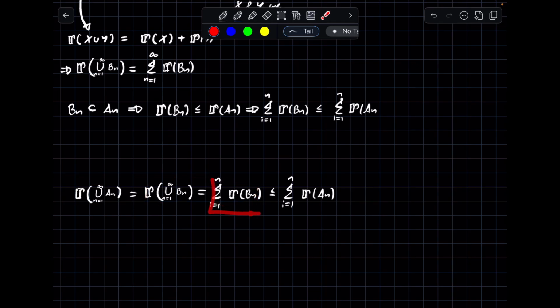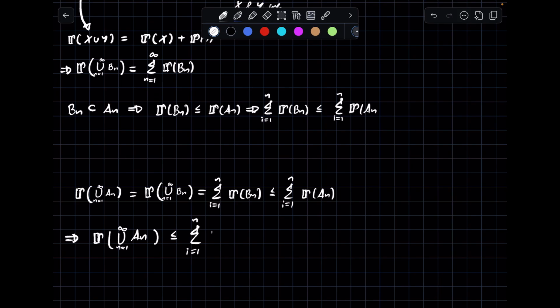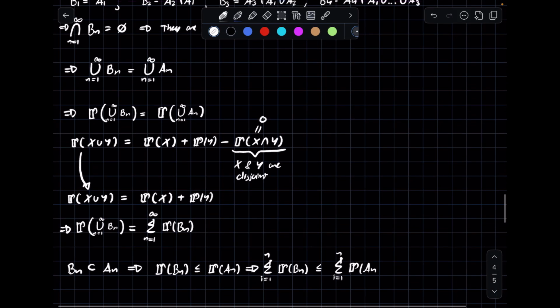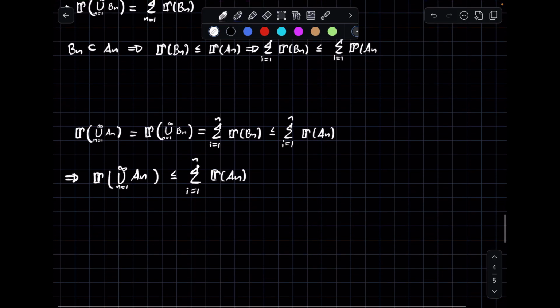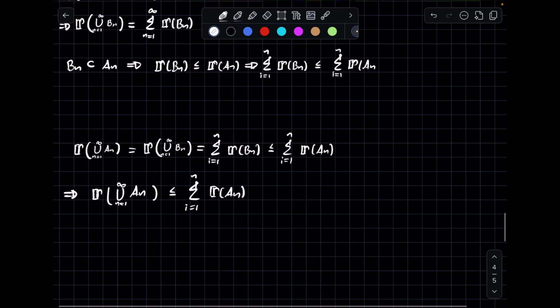And because these two are linked together in this relationship, we can finish up by saying that the probability of the union from n equals 1 to infinity of An is lower than or equal to the sum from n equals 1 to infinity of P of An. And that's pretty much how we solve this exercise. It's a bit more difficult, but once you get the idea and the intuition behind it, it's not that hard.